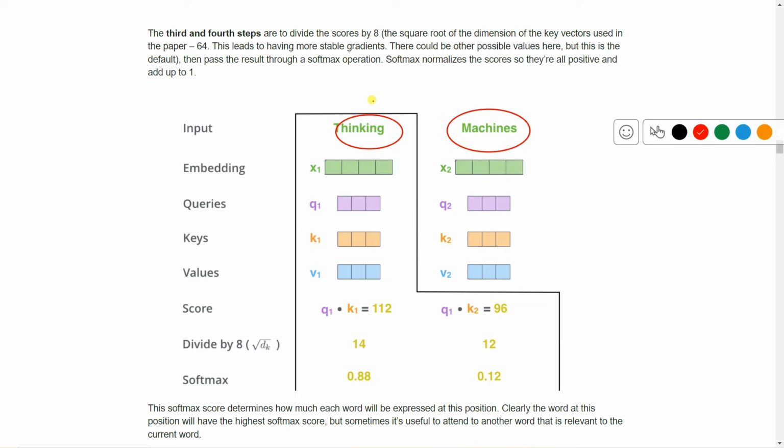When you are translating from one language to another, obviously you give the first impression to the word "thinking", then the next impression to the word "machine". Let's say "I am a boy". Obviously "I" gets the highest attention, then "am", then "boy", right? So that's why, when you are calculating this, the word "thinking" gets the high attention.